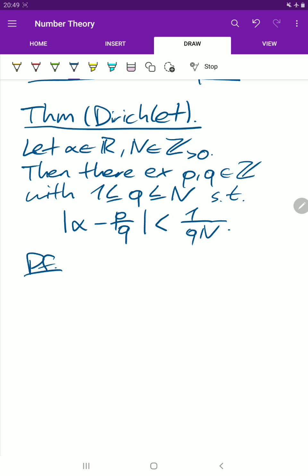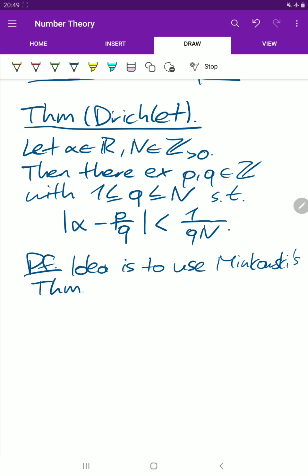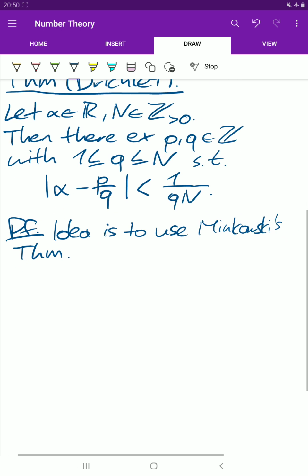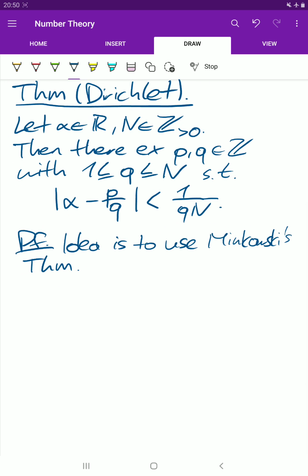As I told you, the idea is to use Minkowski's theorem from the theory of lattices. As I said, I'm not going to prove this for now. We don't need the more precise bounds on the successive minima, but it's enough to have the statement about a non-zero lattice point inside a convex symmetric body.